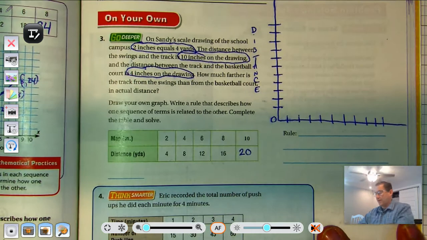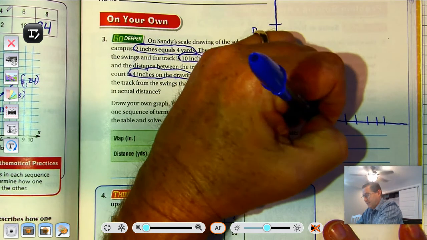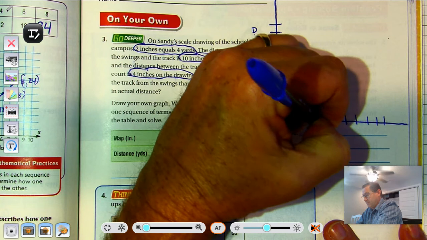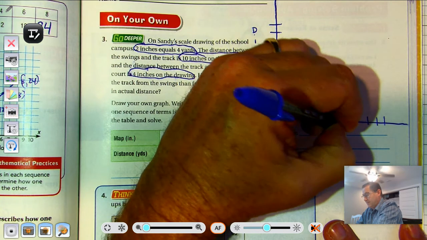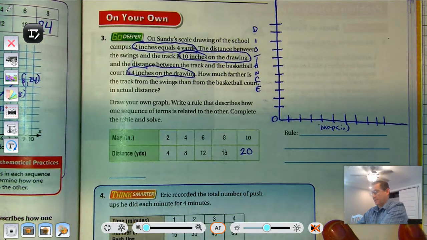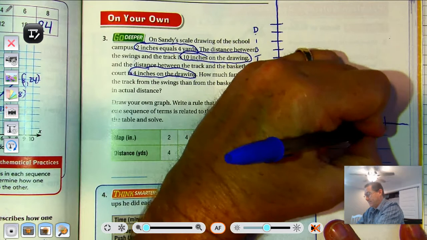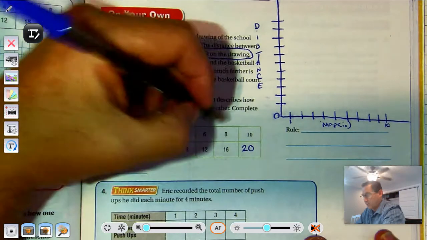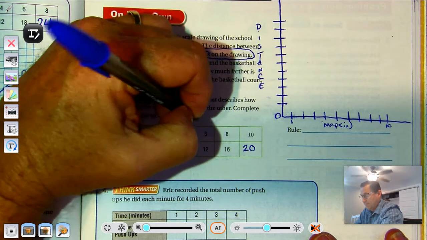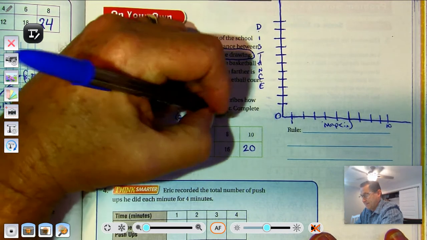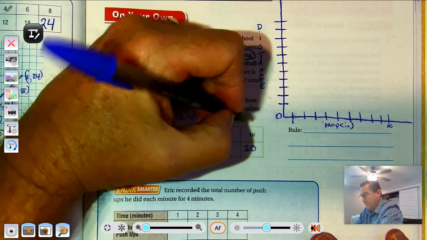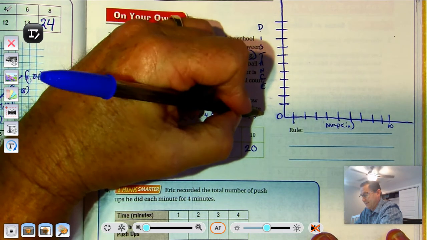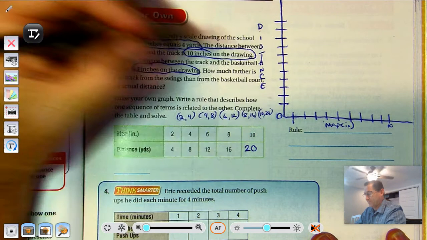And so this will be inches, map, in inches. And we have 1 to 10. All right, so our pairs are 2, 4, 4, 8, 6, 12, 8, 16, and 10, and 20.